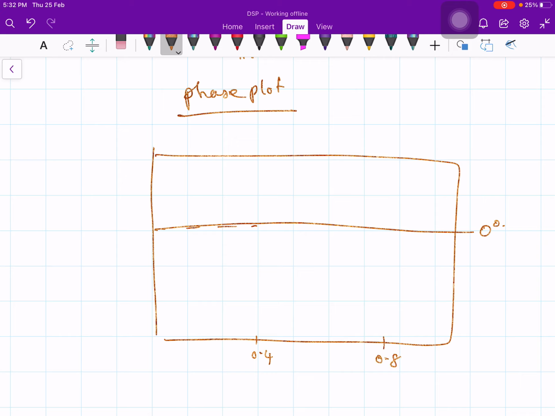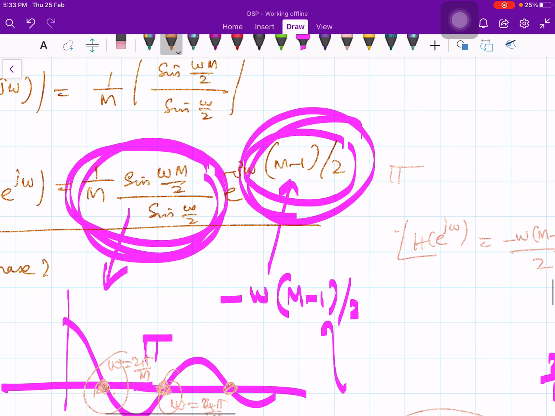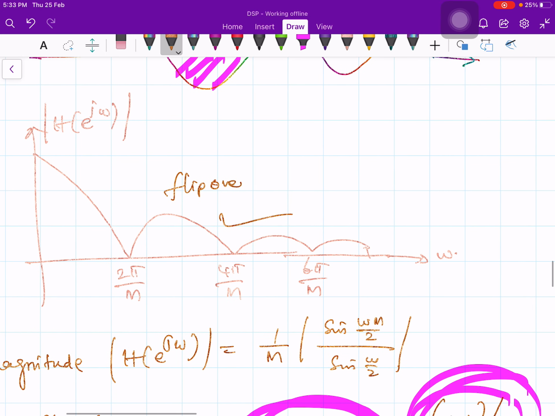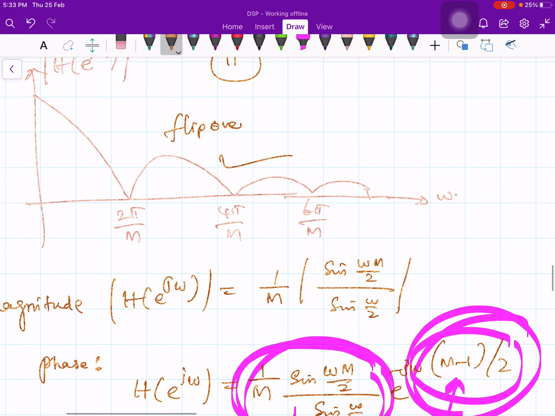So initially it is negative, it comes like this. When 0.4 comes, if you look at the plot of the sinc function, at this point there is a phase reversal of 180 degrees. So it introduced an amount of pi. Therefore there is a jump at this point.